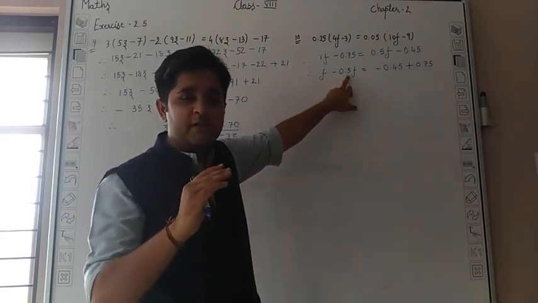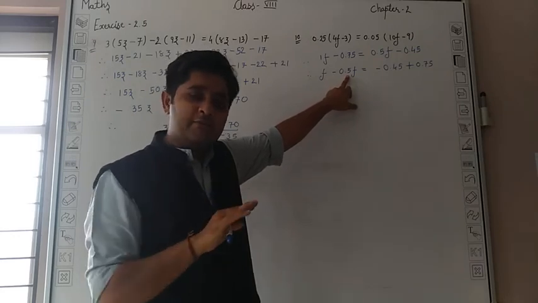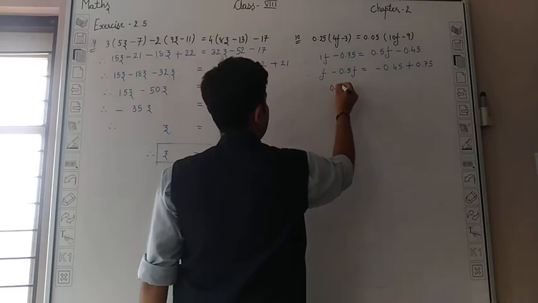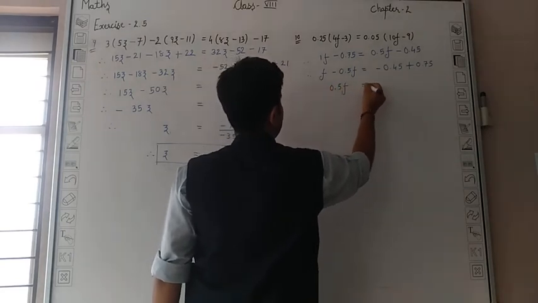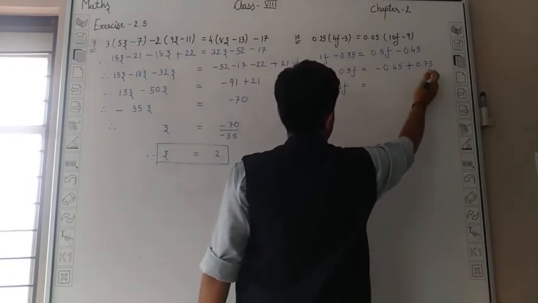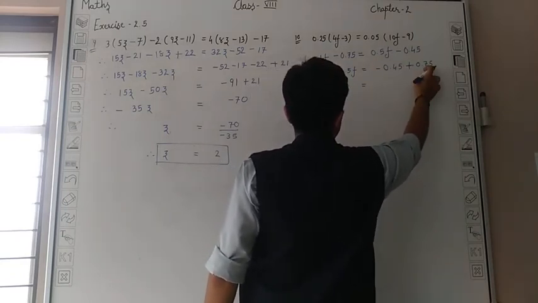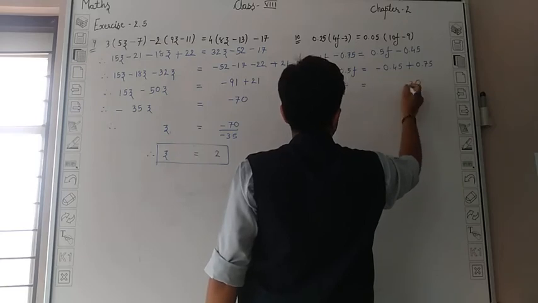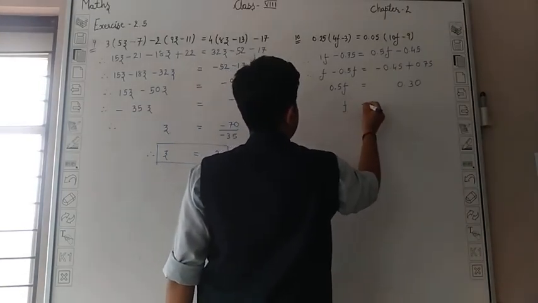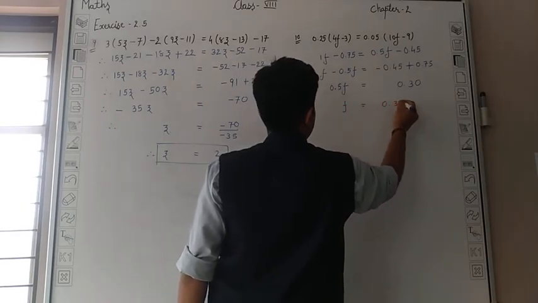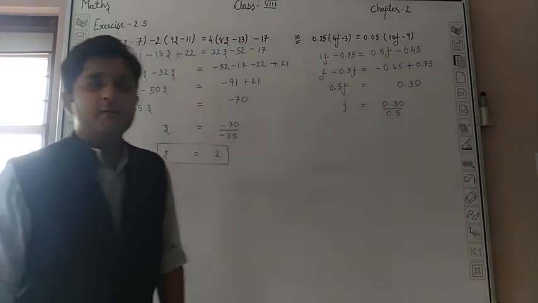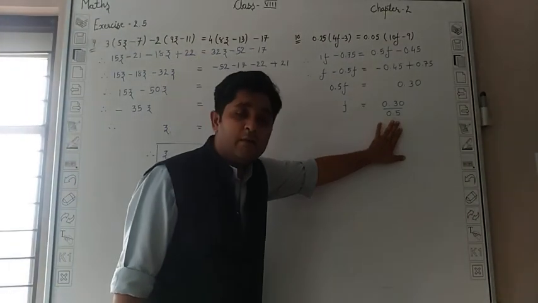From one whole, half f will be cut, half is gone, so half is remaining, so it's 0.5f is equal to, now this minus plus becomes minus, so subtraction of both. So 5 minus 5 is 0, 7 minus 4 is 3, and 5 is 0. Now f is equal to 0.30 divided by 0.5. Now we have to simplify this.